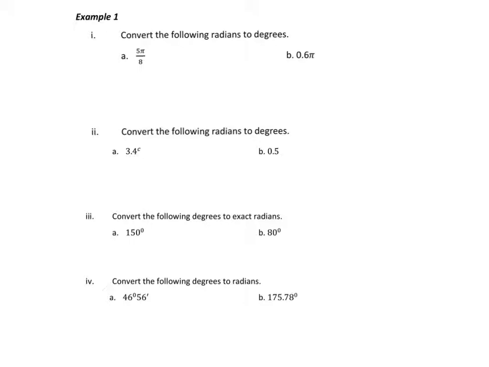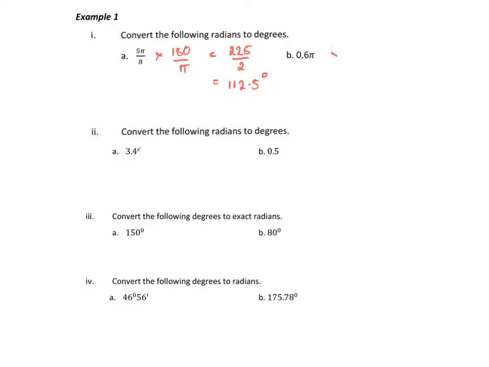Well, probably one of the easiest ways, but not the only way, is to times it by 180 on pi, and cancel that down or just put it into your calculator, and manually you'd get 225 on 2, and then dividing through, 112.5 degrees.